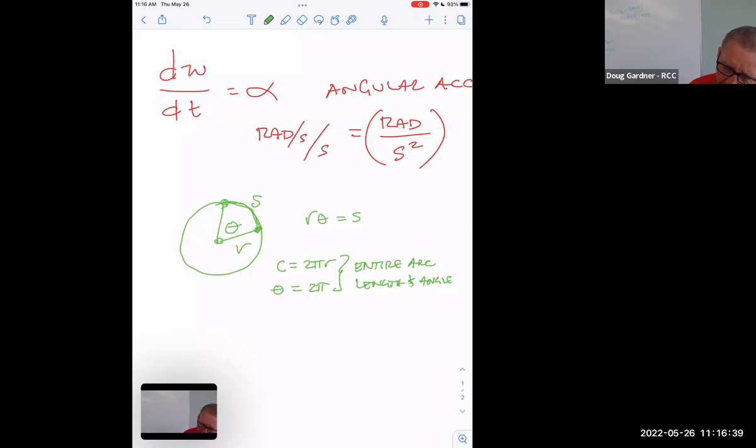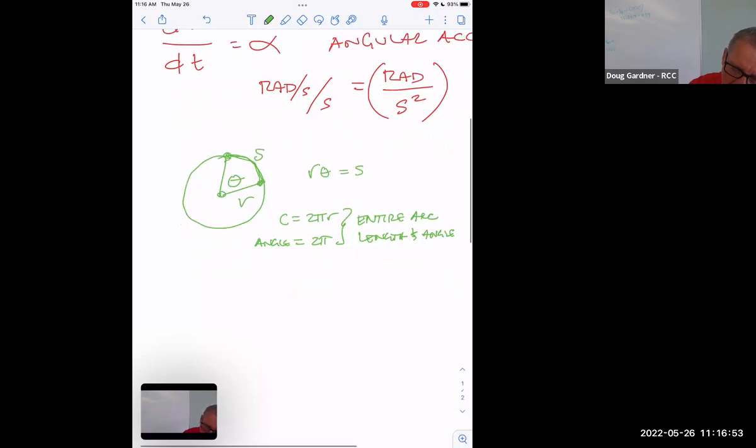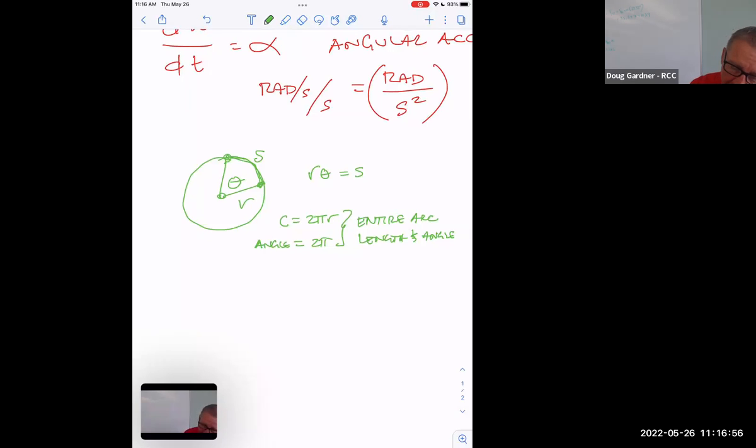Let's see, I should say this differently. I shouldn't call that theta, I'll just say angle. So would you agree that whatever proportion s is of the entire arc length, that would match what theta is of the entire angle?